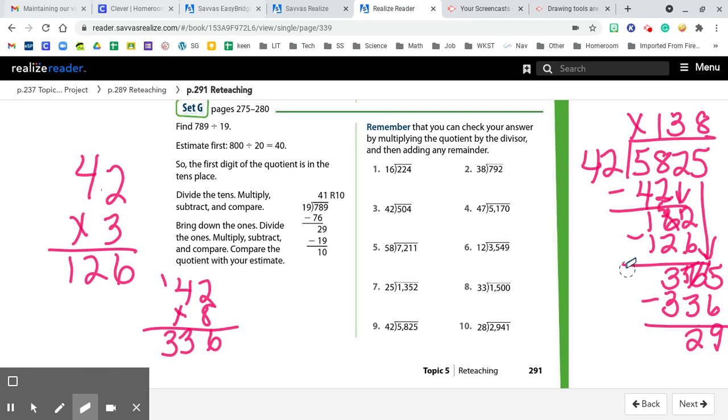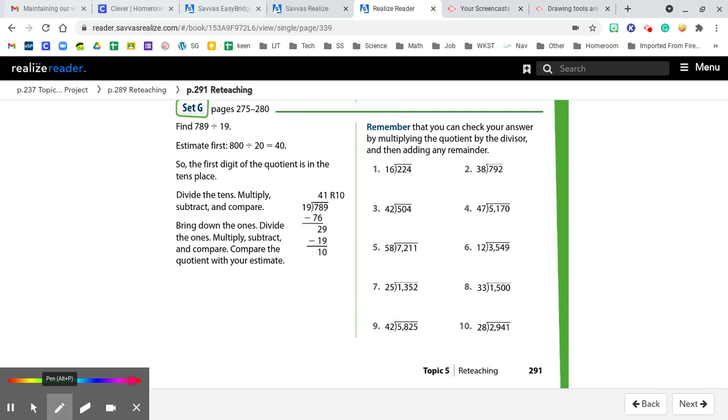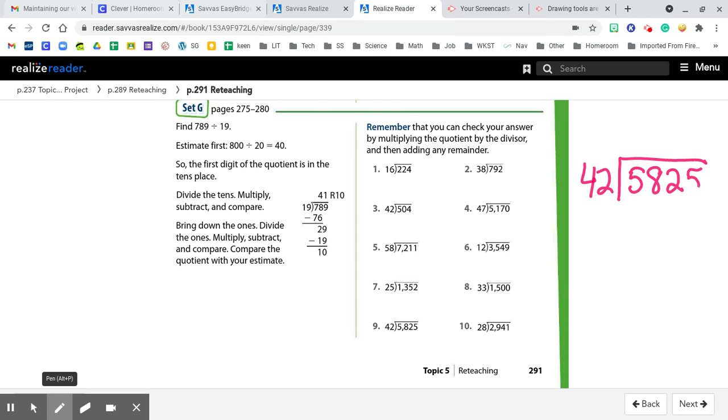I'm going to do that problem again using partial products. I just want to make sure you understand how to do both. So if I said 42 times 100 would be 4200.